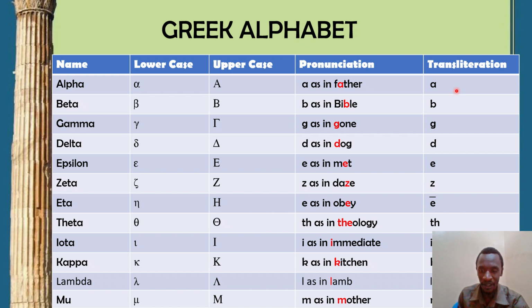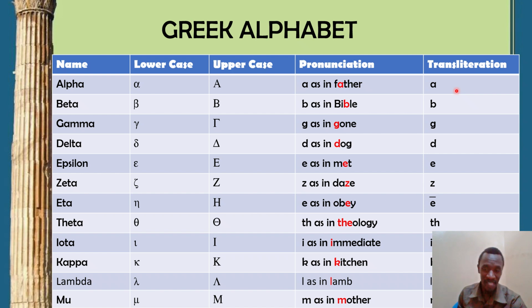The first letter is called alpha. It's very important that you understand this, because in Revelation 1:8, Jesus introduces himself and says, I am the Alpha and Omega.